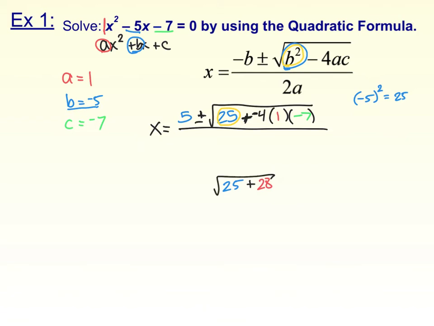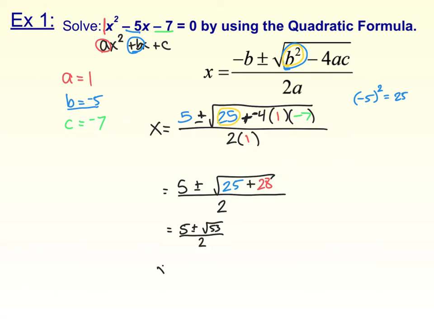Now, I'm sorry, I forgot to do 2 times a on the bottom, which is a 1. So 2 times 1 is 2. So now I would have 5 plus or minus the square root of 25 plus 28 all over 2. And 25 plus 28 is 53. So now I have 5 plus or minus the square root of 53 all over 2.